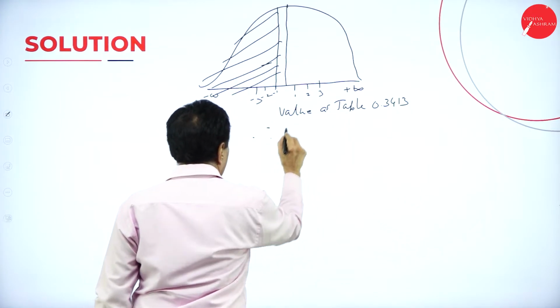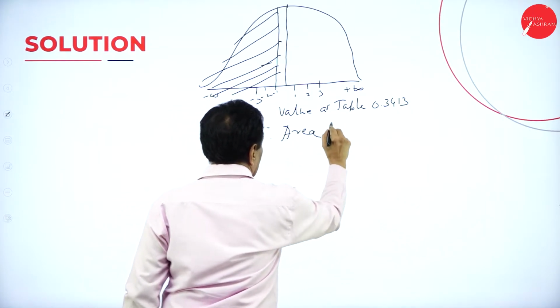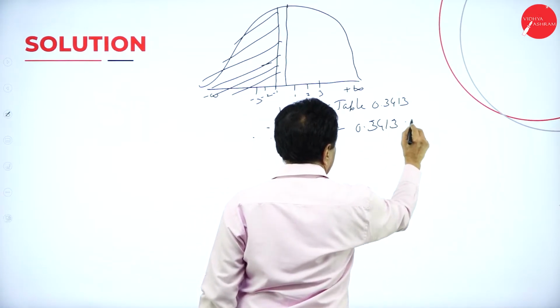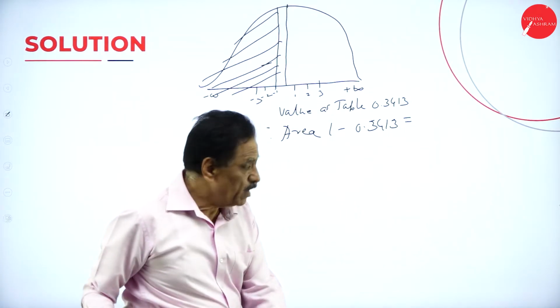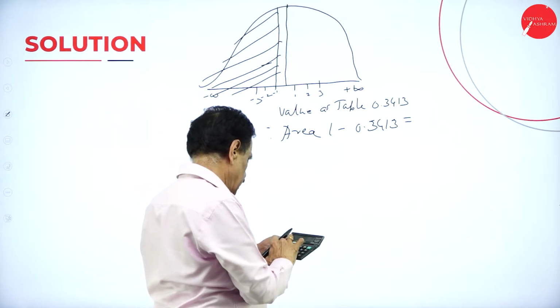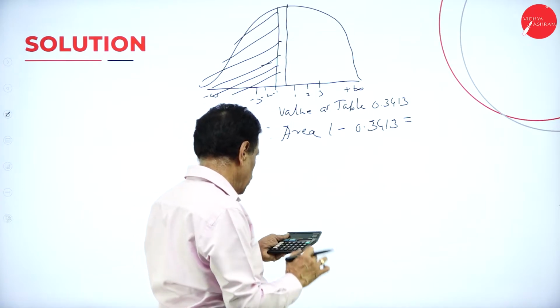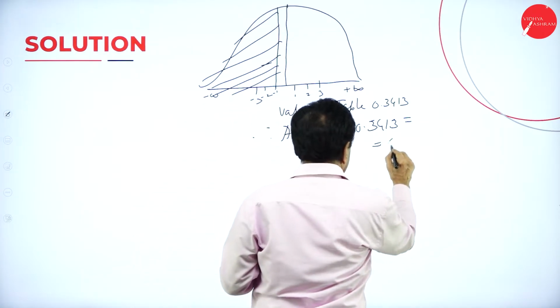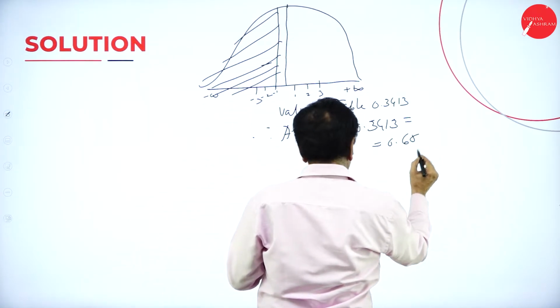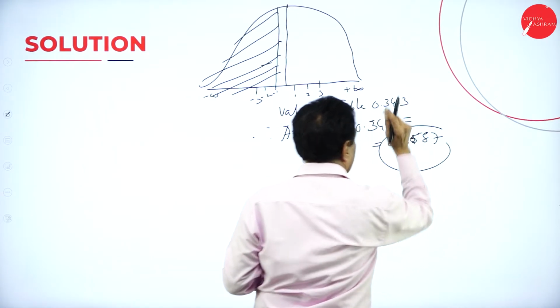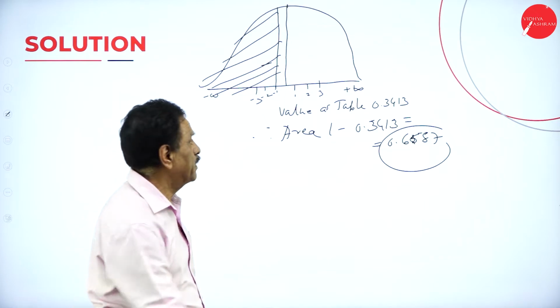Therefore, area is equal to 1 minus 0.3413. 1 minus 0.3413 is 0.6587.